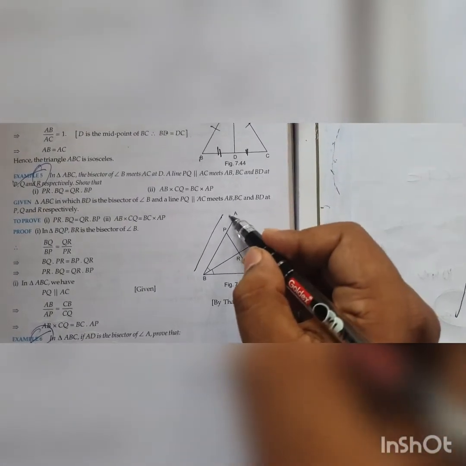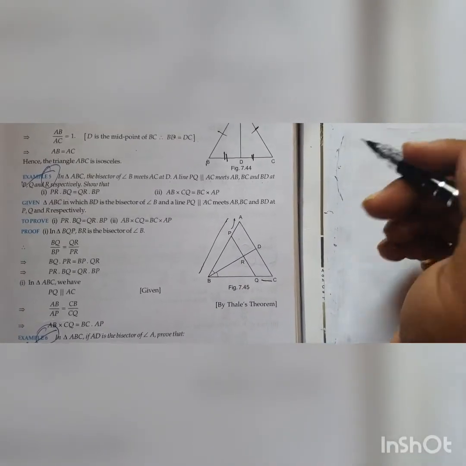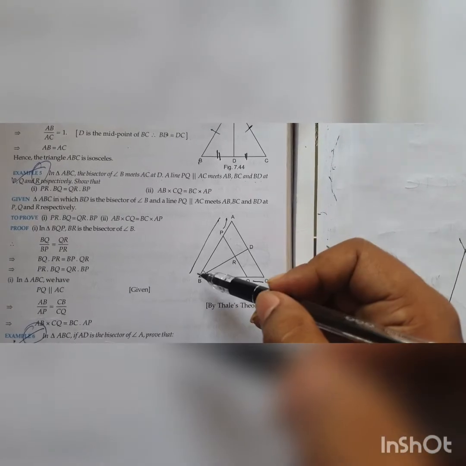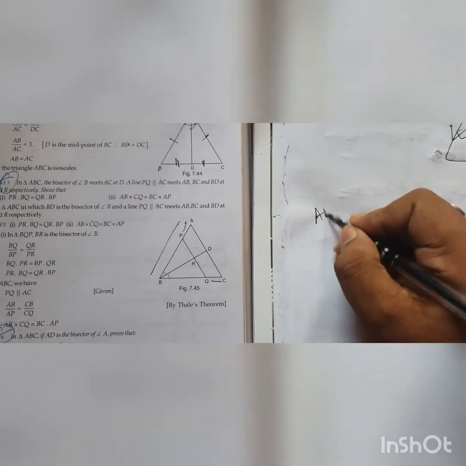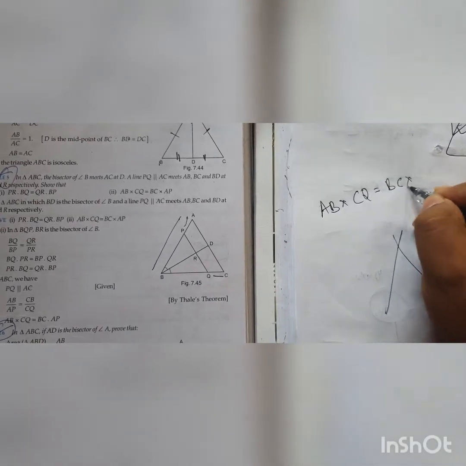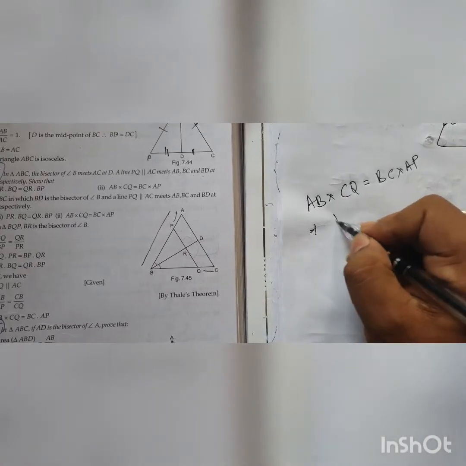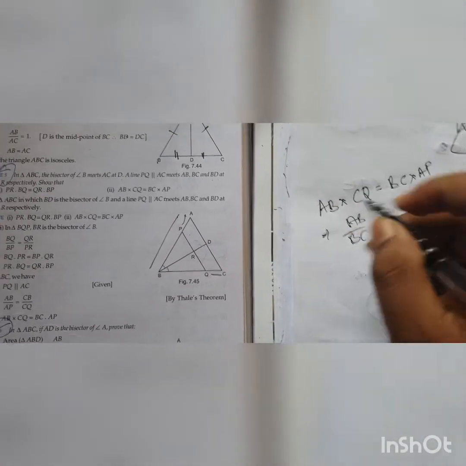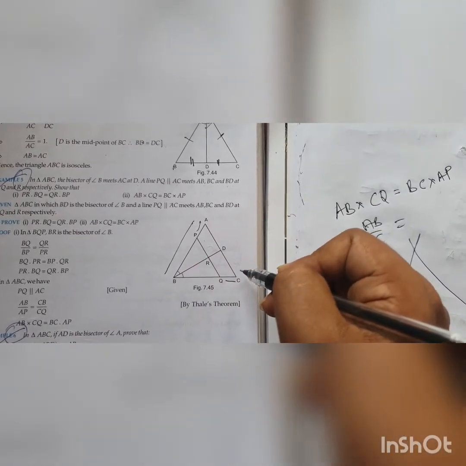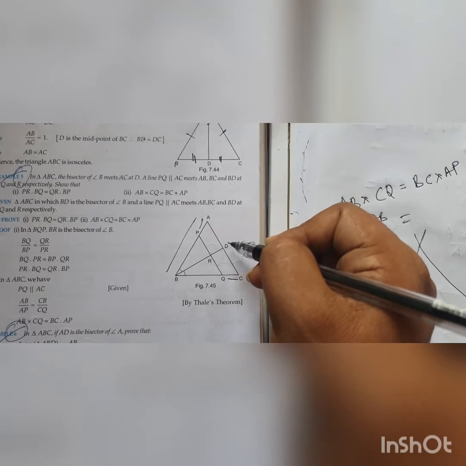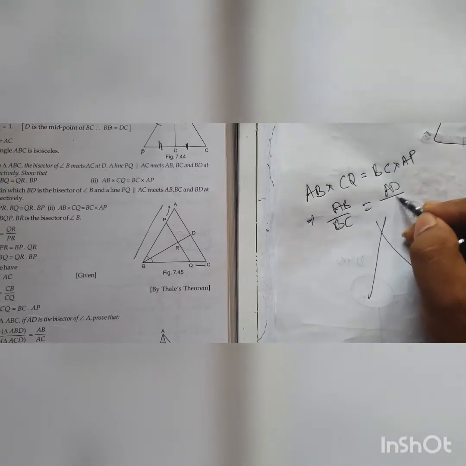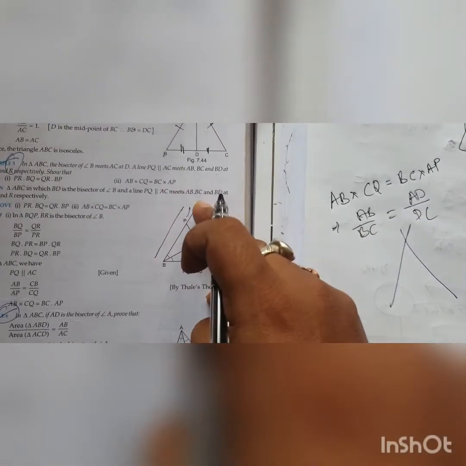But what will happen is, you bring AB by BC down. Why will you do that? Because you can get a relation from here: AB by BC will be equal to AD by DC, right?